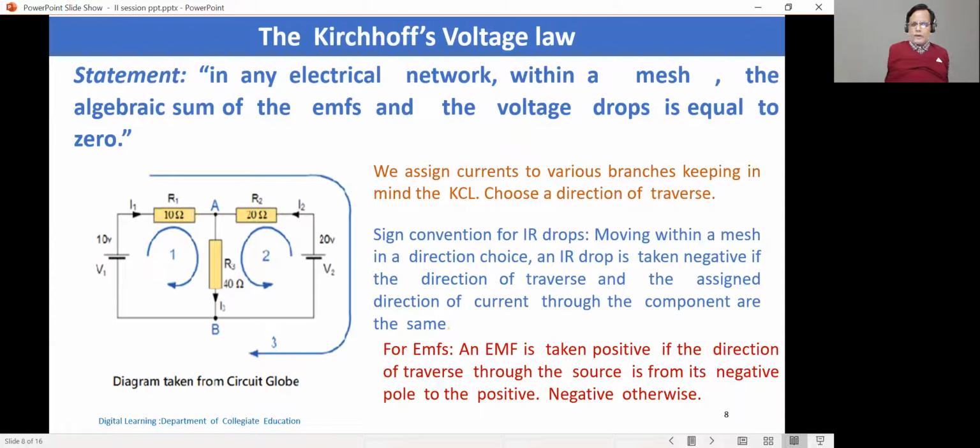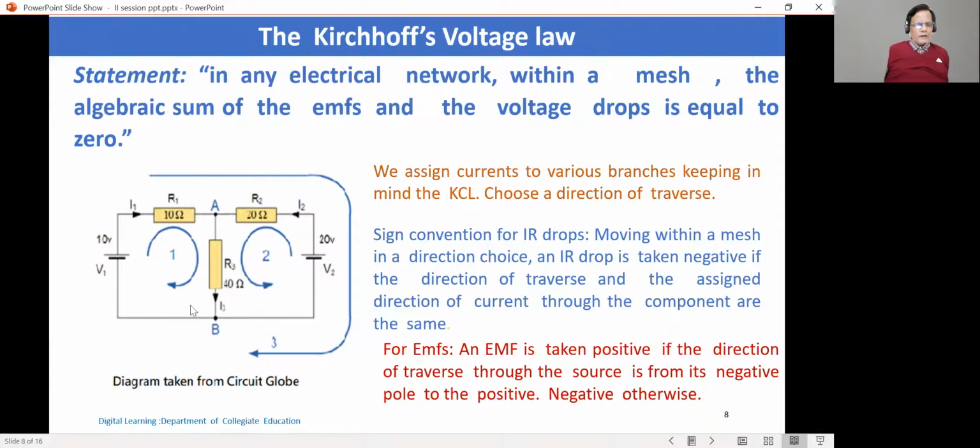When we go through a component, if we encounter an increase in voltage, we will take it with a positive sign. If we encounter a decrease in voltage, then we will take it with a negative sign. Which means that when we traverse a loop or a mesh, for example, I1 here is shown to be going in this direction.